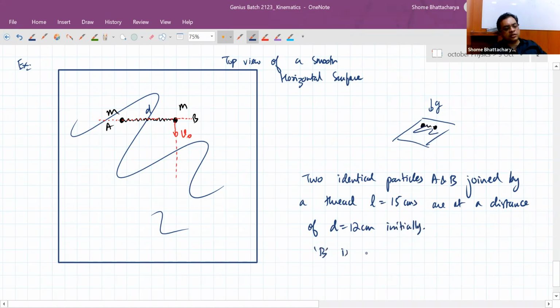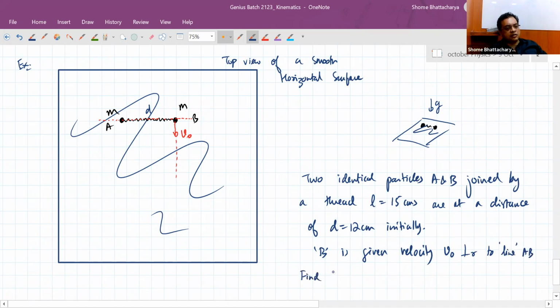B is given a velocity v naught perpendicular to the line AB. Okay.